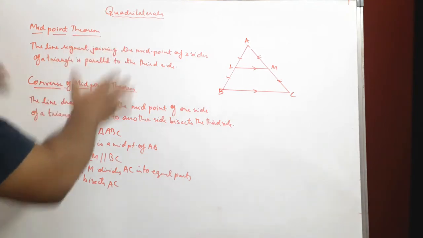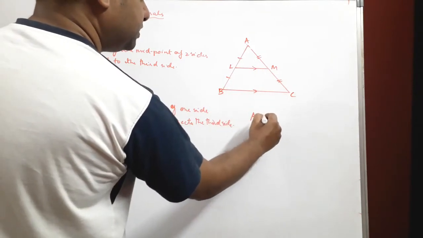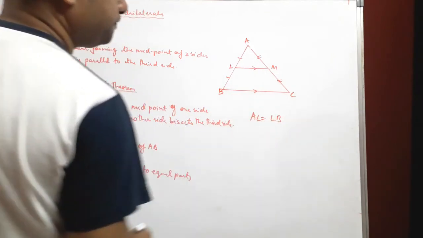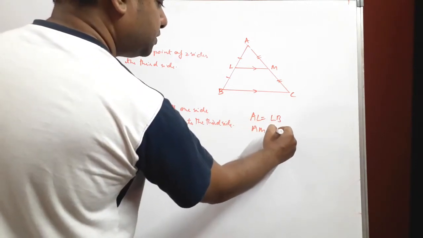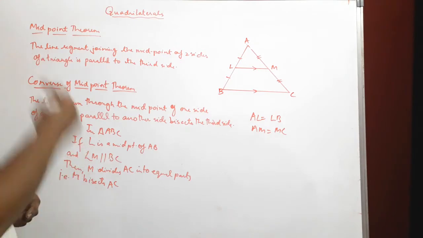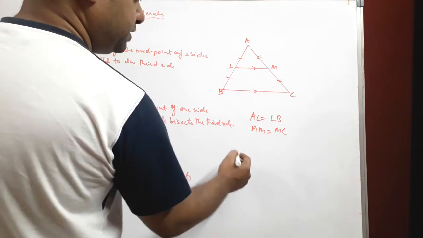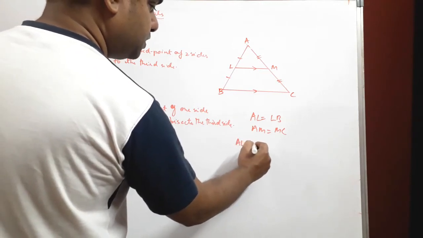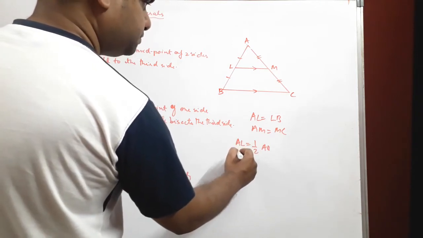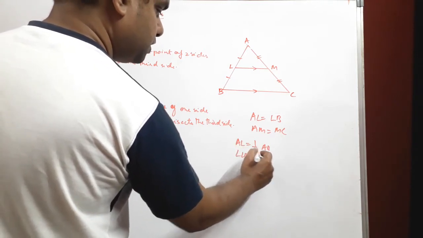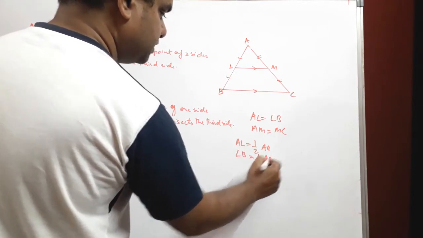Now what this also tells us is, in this case AL is equal to LB, and AM is equal to MC. This is as per the midpoint theorem, but we can also write AL equal to half of AB, or LB equal to half of AB.